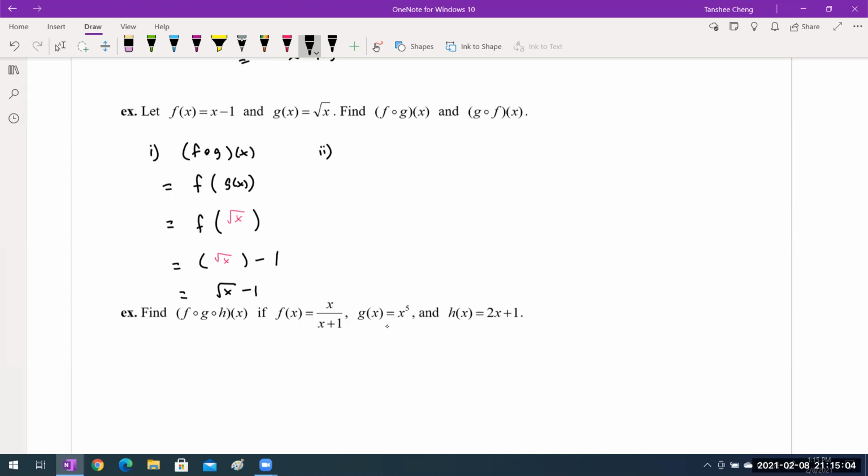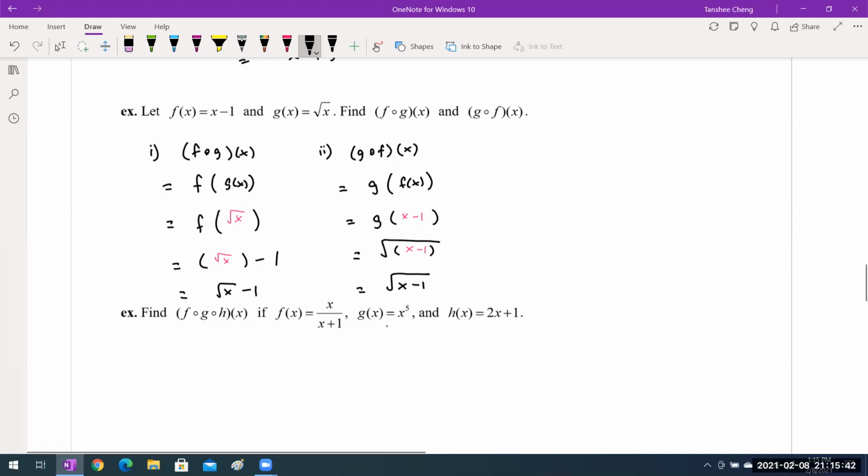For the second part, g composed of f of x, that is the g function where the input is the f function. This time my f function is x minus 1. And we are inputting this into the g function, which is the square root of the input, that is x minus 1. So my final answer in this case is the square root of x minus 1.